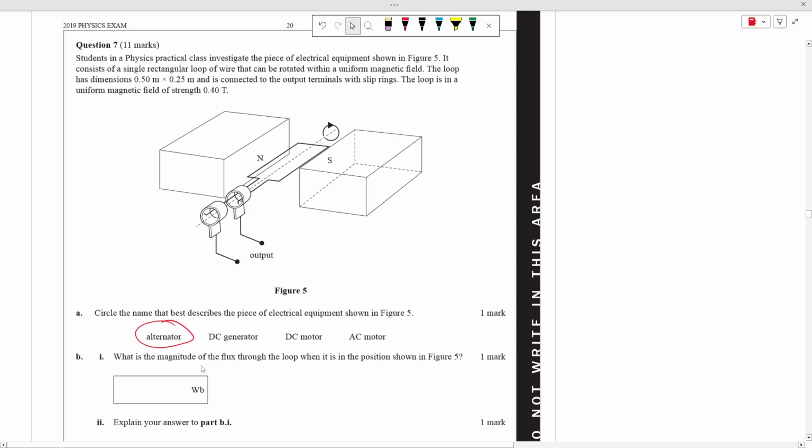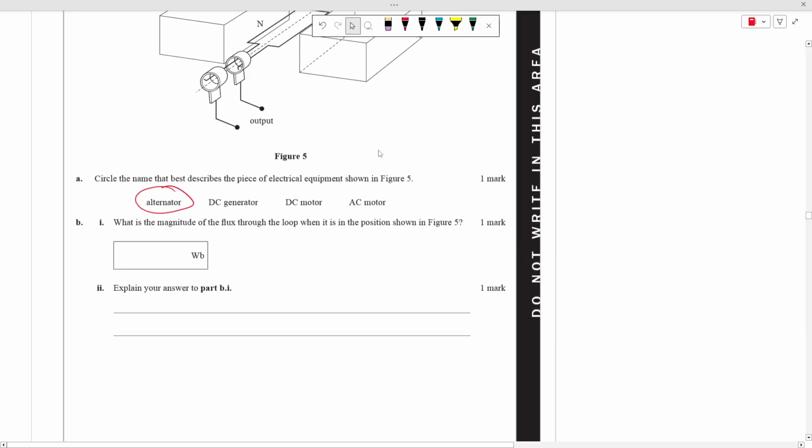Part B, what is the magnitude of the flux through the loop when it is in the position shown in figure 5? So how much field is going through the loop? None. So the magnetic flux is 0. How would you explain that?